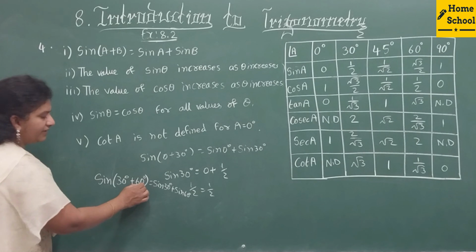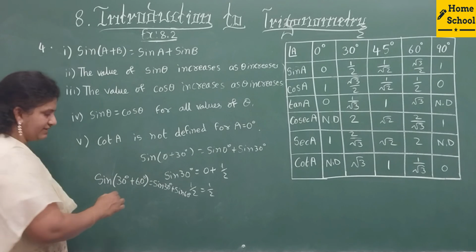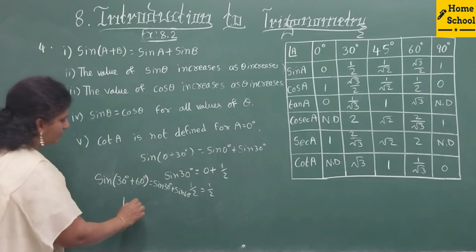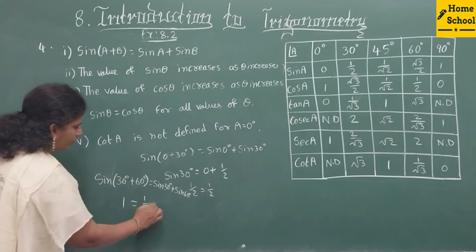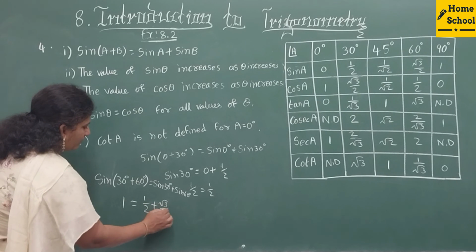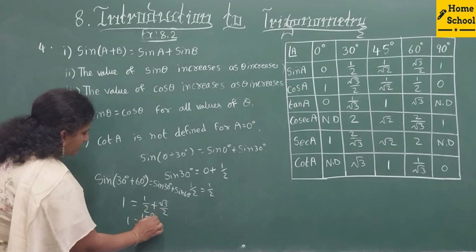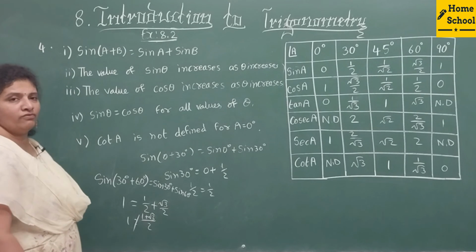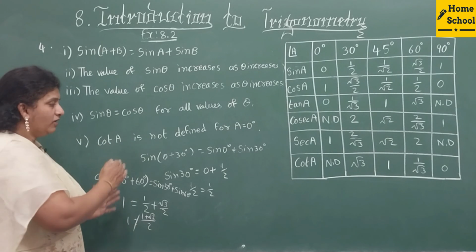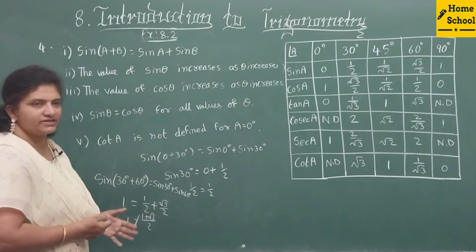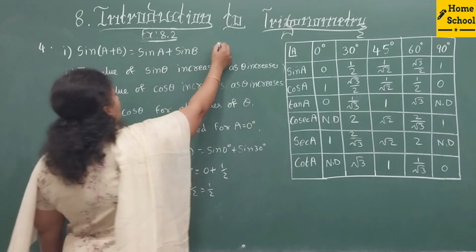What is sine 30 plus 60? It will be 90. Sine 90 value is 1. Sine 30 value is 1 by 2. Sine 60 value is root 3 by 2. See here, if you do LCM, now these two are not equal. Therefore, what we can say, it should satisfy all the angles. It is not satisfying. Therefore, it is false.